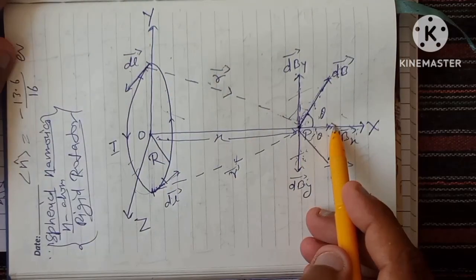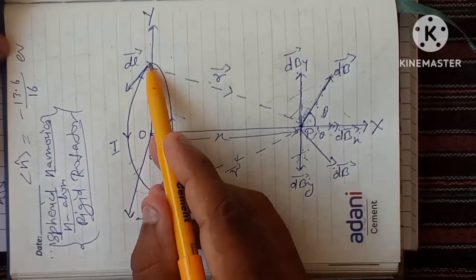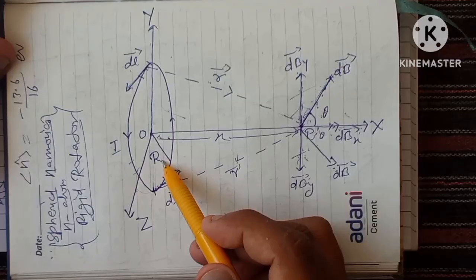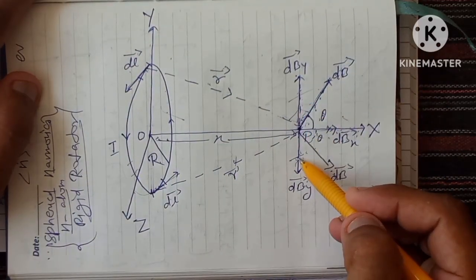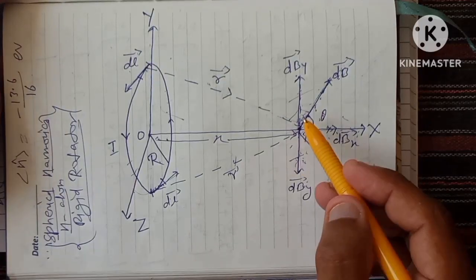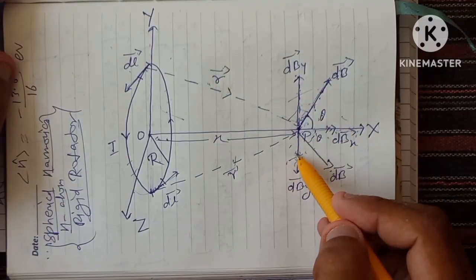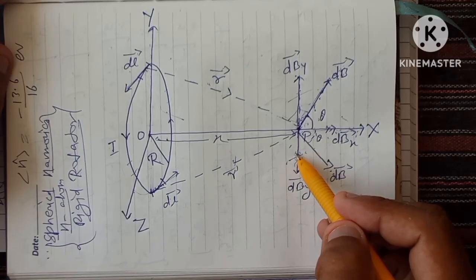If you do this for the whole circular wire, you will clearly see that the perpendicular components, that is the components along the y-axis, will get cancelled out because they are opposite in sign, but their magnitude is the same.